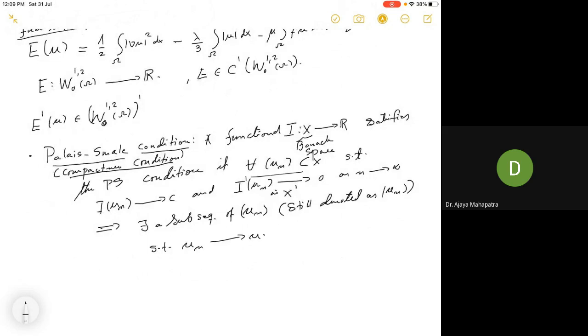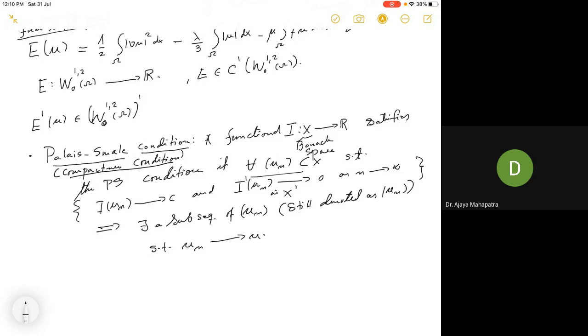What is one of the characterizations of compactness? If every sequence has a convergent subsequence, right? That's one of the characterizations, the Bolzano-Weierstrass kind of property. So this is something of that type, with an additional condition, the one which is within the braces. The definition of compactness is always the same, namely every open cover has a finite subcover, but it's only the characterization which changes as you change the spaces.